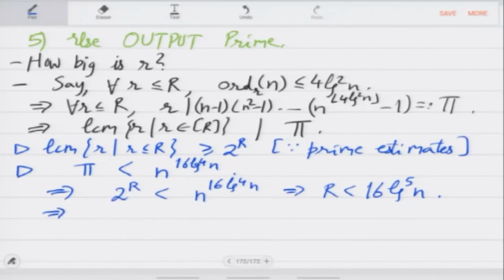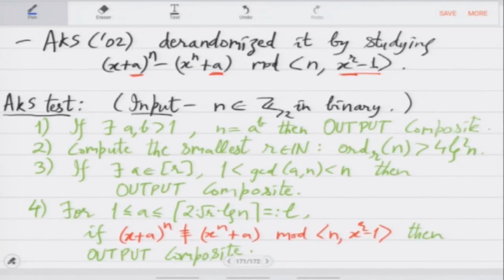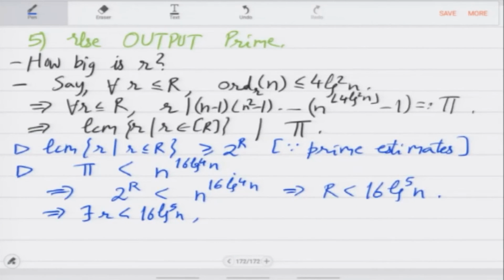Okay, so this means that there is an r smaller than 16 log⁵ n for which step 2 passes. So not everything from 1 to 16 log⁵ n can fail in step 2. So you get a small r, and from that what you get is time complexity.